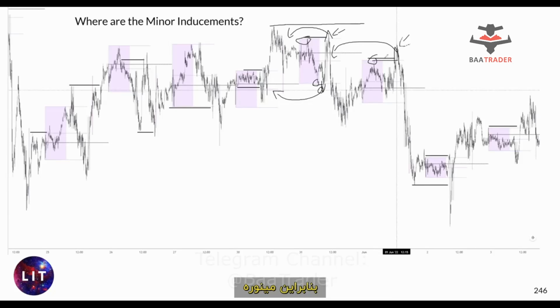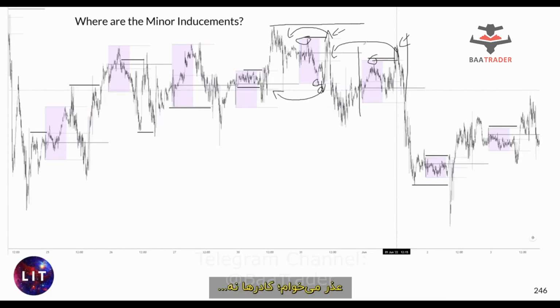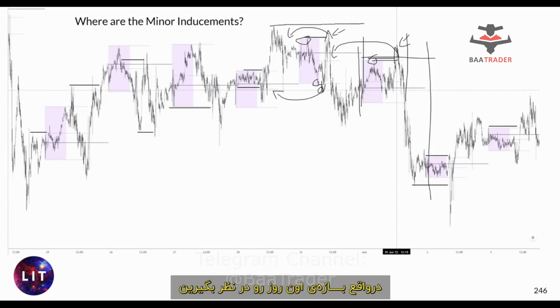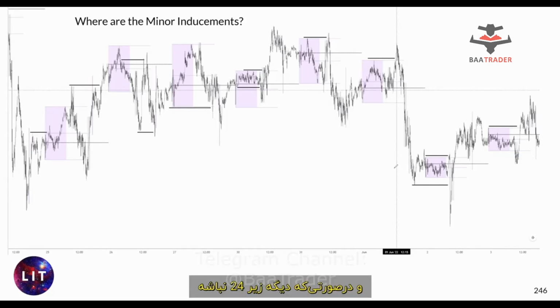So this is minor. So always use these boxes for orientation, or not even the boxes, but the boxes make the day start, right? And then take the range of this day. If it's intraday, it's most likely minor, right? And obviously, if it's not intraday anymore, it becomes medium, right?